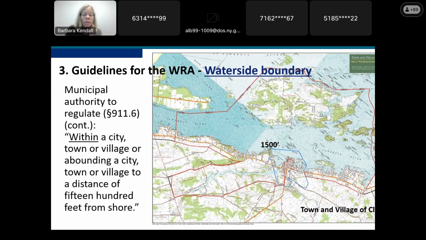And the difference between the village, which could regulate up to 1,500 feet, and the town, which can regulate all the way to the Canadian border if they wanted to, because that's within their municipal jurisdiction. But again, you can have a smaller regulatory area. You don't have to regulate that whole large area. You can delineate a smaller regulatory area and then codify that in your local law.